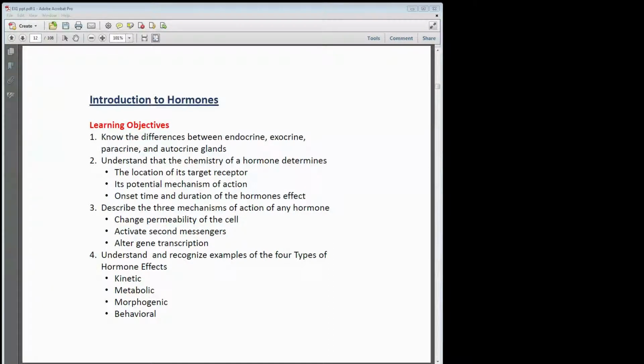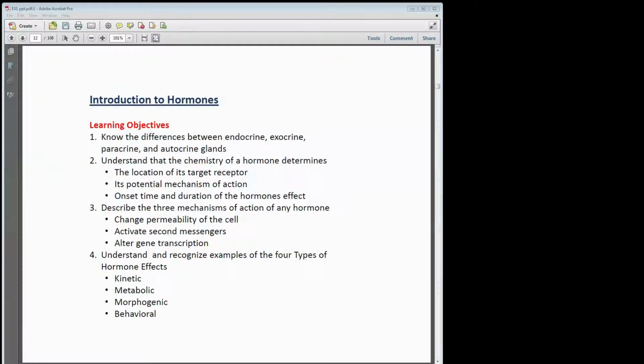Next is going to be metabolic. Metabolic changes are going to be changes in reaction rates. If you have an increase in metabolism, you're going to process energy faster and more. The example I was able to gather from reading the thyroid section of the book was that the thyroid hormones being secreted affect the BMR, basal metabolic rate.